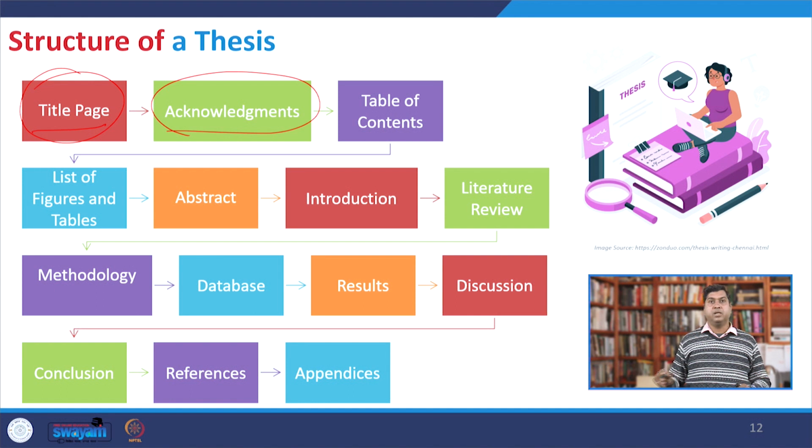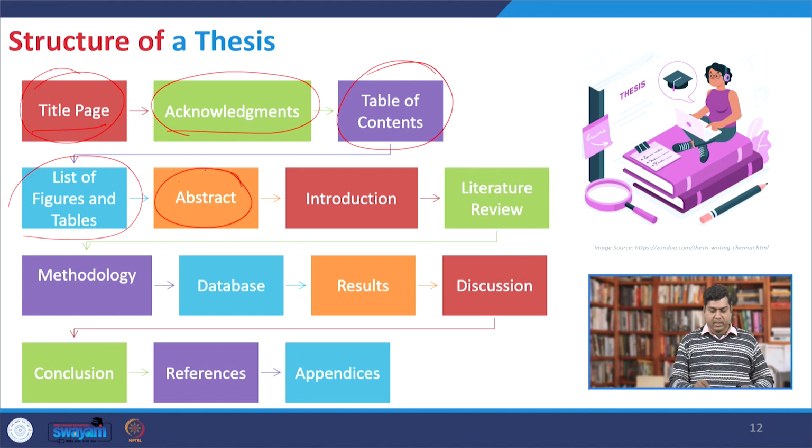So it is the place where you can share your own feelings and give the acknowledgement. Then, this is very important, the table of contents, which includes all the chapters with page numbers, all the figures and all. Then you have the list of figures and tables, and if you have a large number of abbreviations, a list of abbreviations can also come up here.